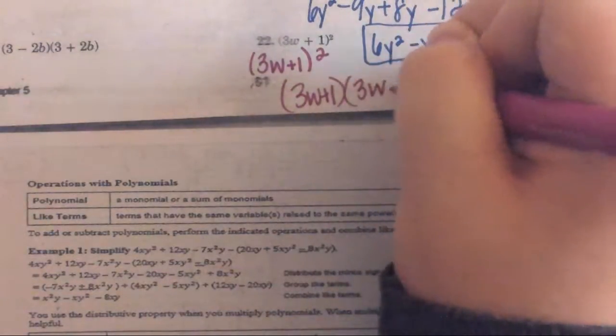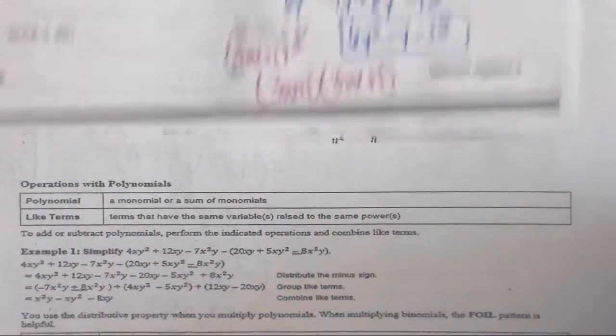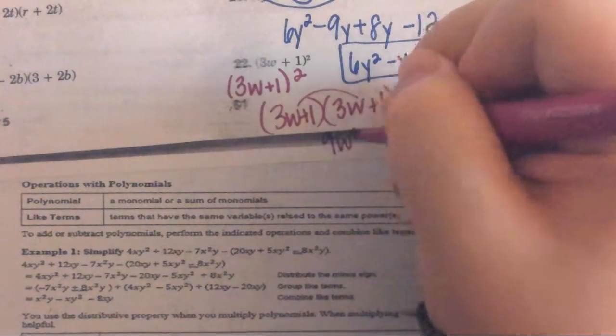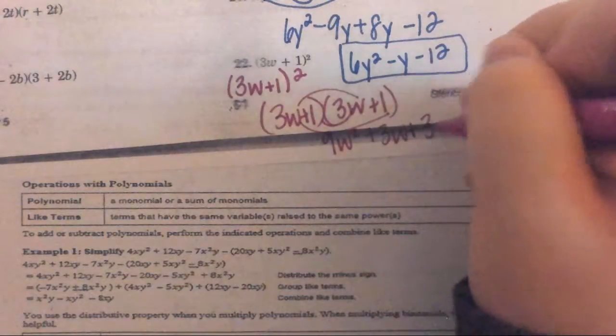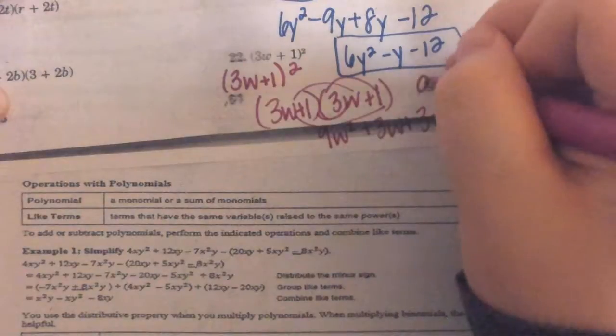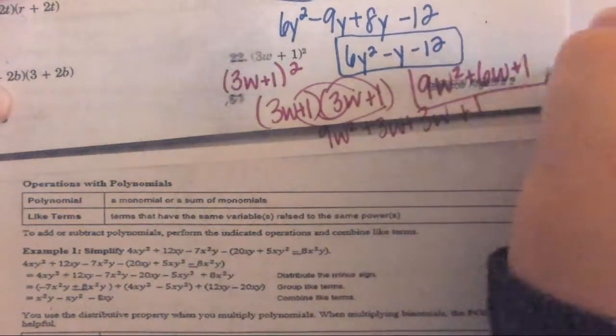Isn't 3w plus 1 squared the same thing as 3w plus 1 times 3w plus 1? So why can't I just rewrite it out and then FOIL it out? So 9w squared plus 3w plus 3w plus 1. So my final answer is 9w squared plus 6w plus 1.